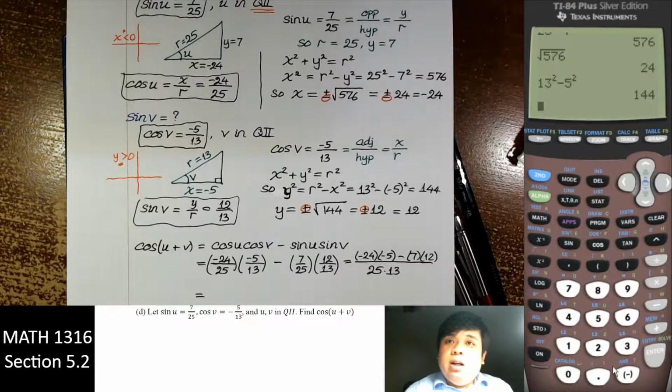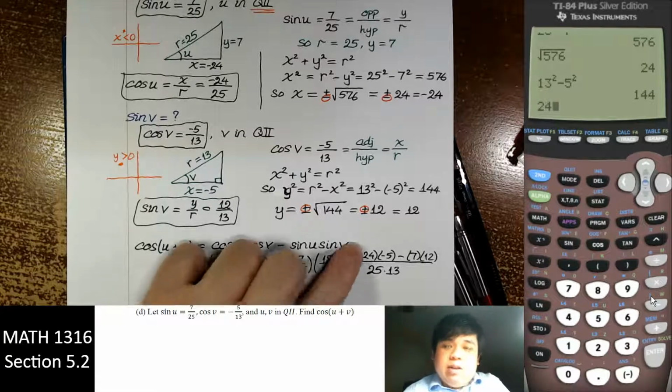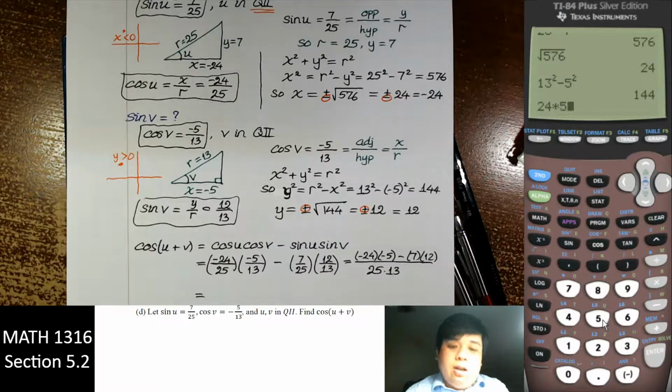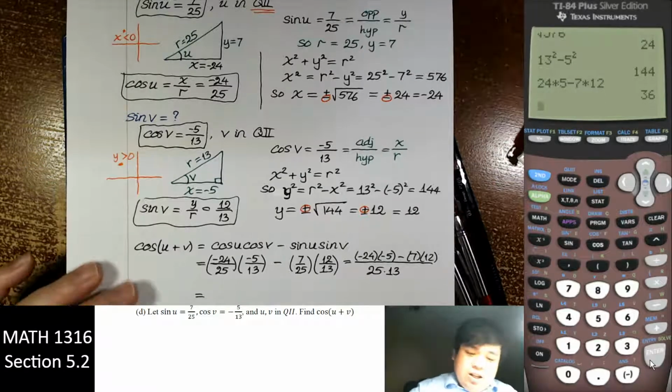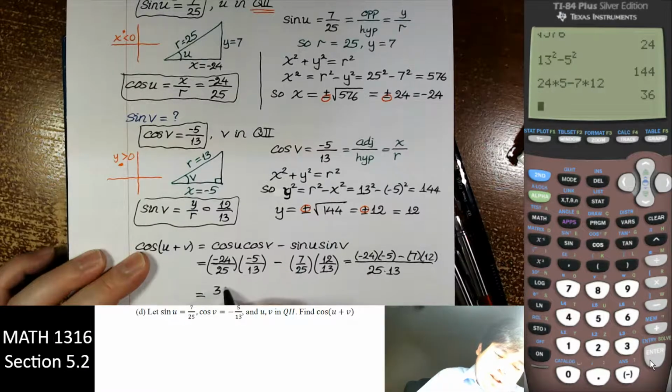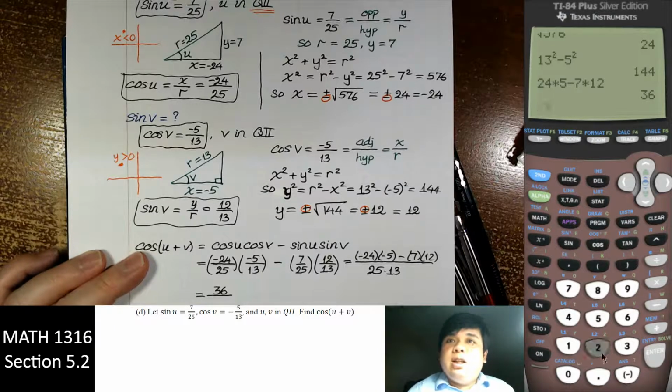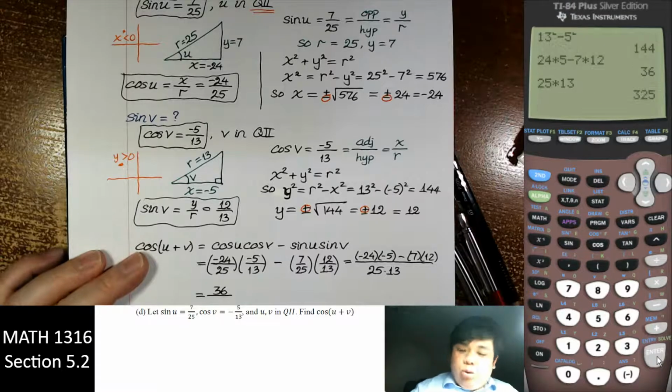Right, the top 24 times 5, negative times negative, subtract 7 times 12. We have 36. The bottom is 25 times 13, 325.